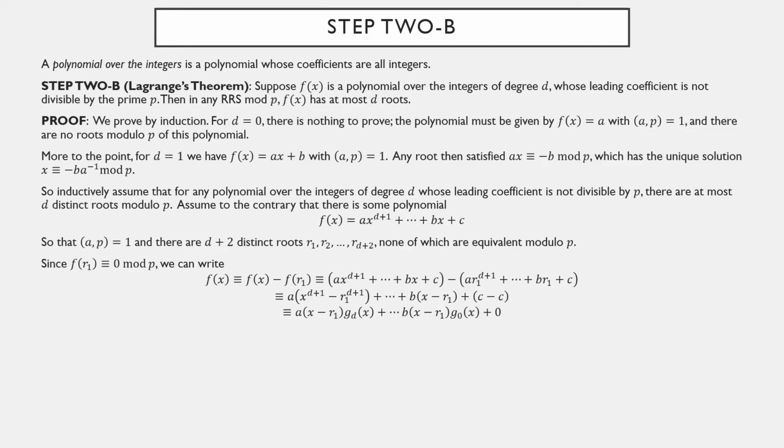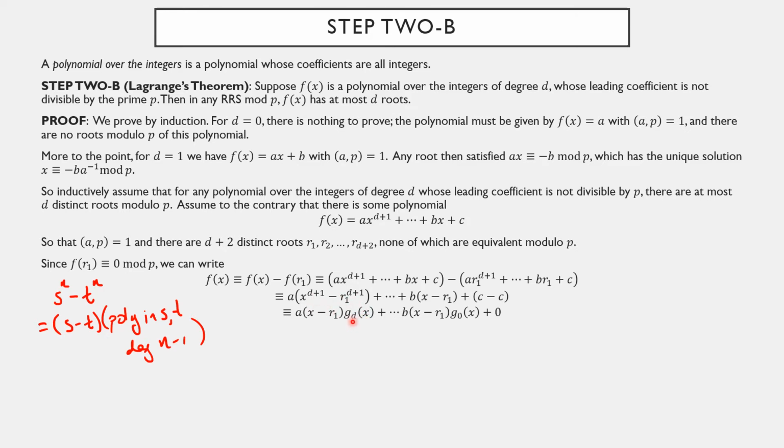If you have, let's go with s to the n minus t to the n, you can always factor an s minus t out of this, and what remains is a polynomial in s and t of lower degree. So what we're doing is, here I have the same power of x minus the same power of r1. Factor out x minus r1, and what remains is a polynomial in x of degree 1 less.